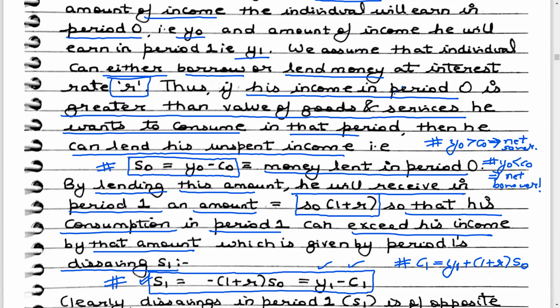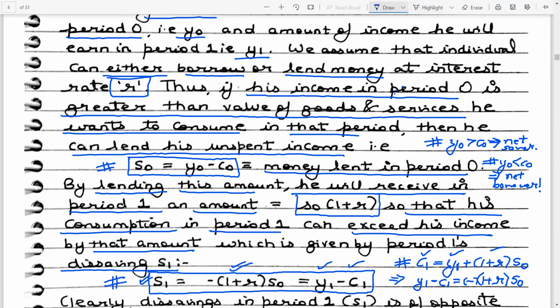Since I am saving in period 0, consumption in period 1 will be income in period 1 plus the savings and the interest I get on it from period 0. So this implies I can write Y1 minus C1 will be minus 1 plus R times S0. And that is this equation: Y1 minus C1 is minus 1 plus R times S0.